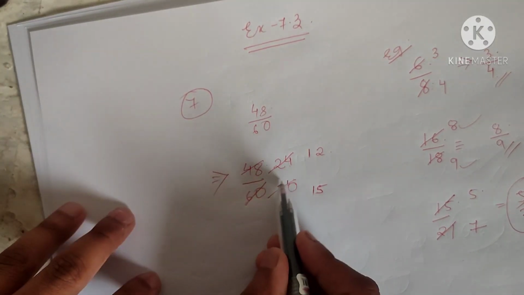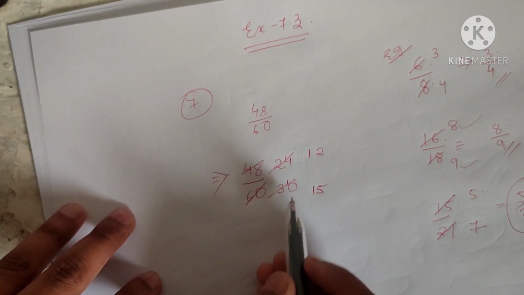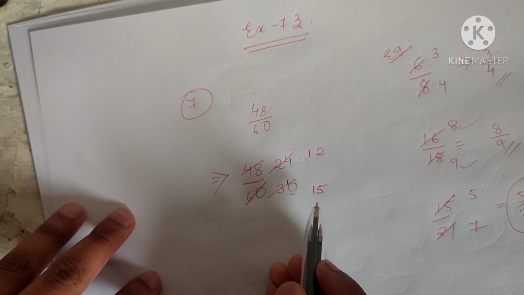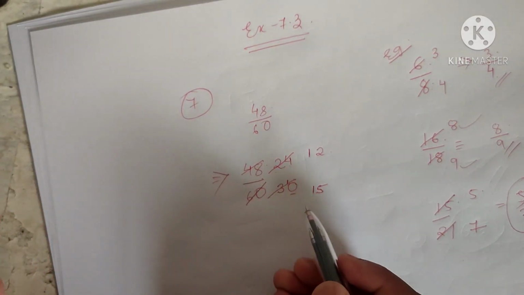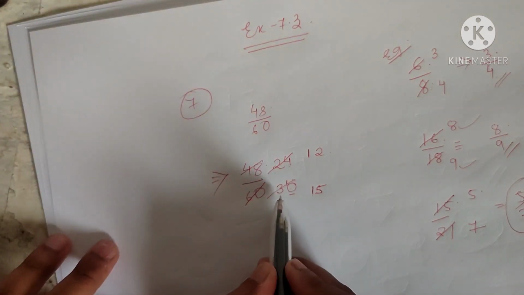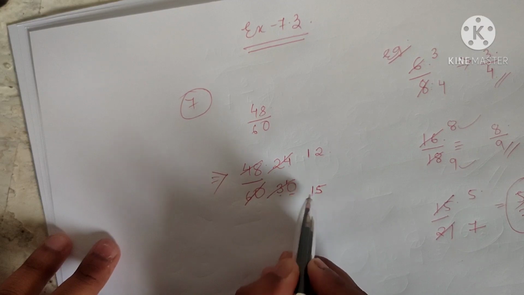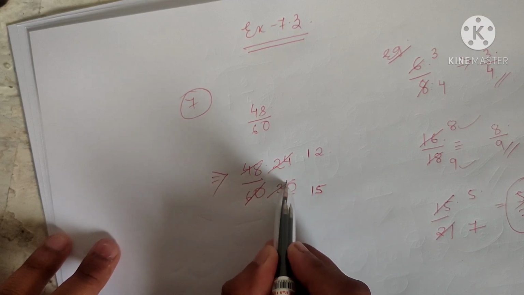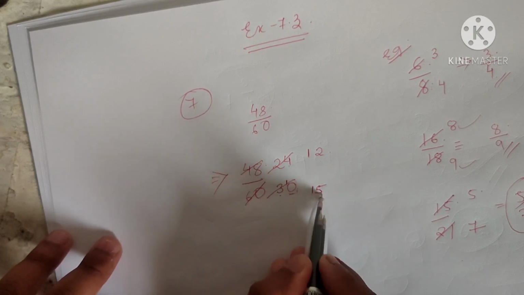But we know that this 30 is divisible by 2, isn't it? Because 0 is there. Whenever 0 or any other even number is there, then we can say that it is divisible by 2. That is why we start cancelling with 2. 2 1s is 2, you write here, and then you take the borrow which is left 1, you shift it to the next number and it becomes 10. So 2 5s are 10.